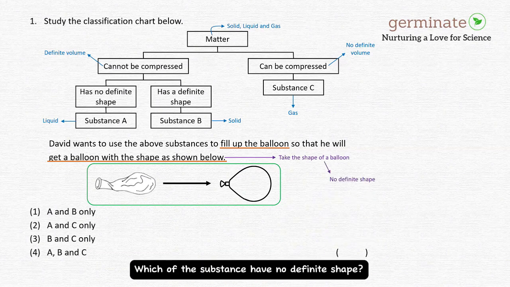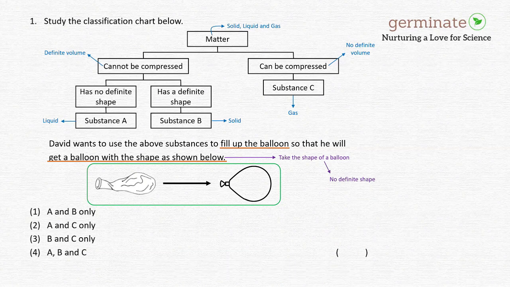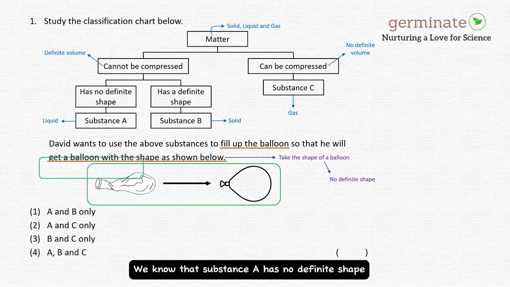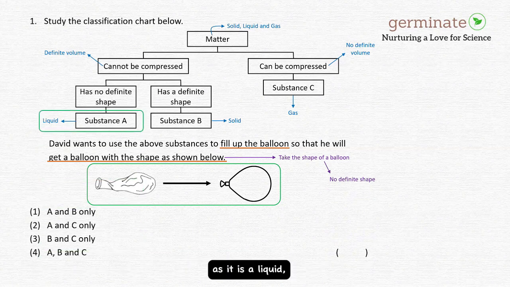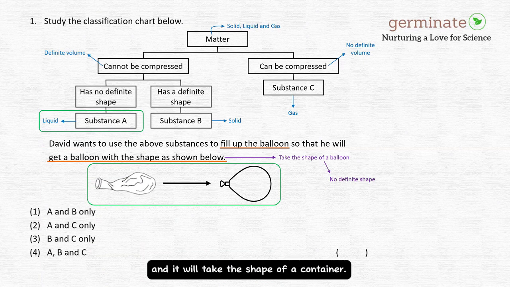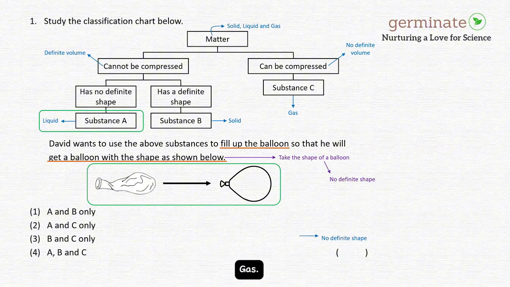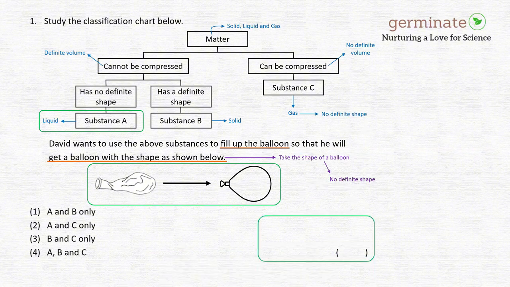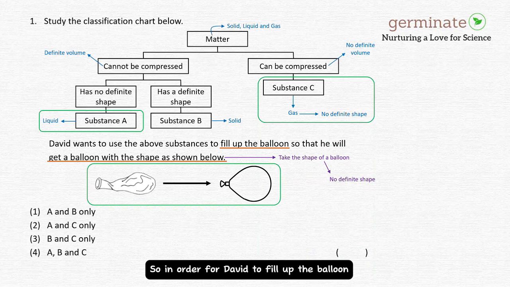Which of the substances have no definite shape? We know that substance A has no definite shape as it is a liquid and it will take the shape of a container. Are there any other states of matter that also have no definite shape? Yes. So in order for David to fill up the balloon to the shape as shown, we will need to use substance A and C. Therefore, the correct answer will be option 2.